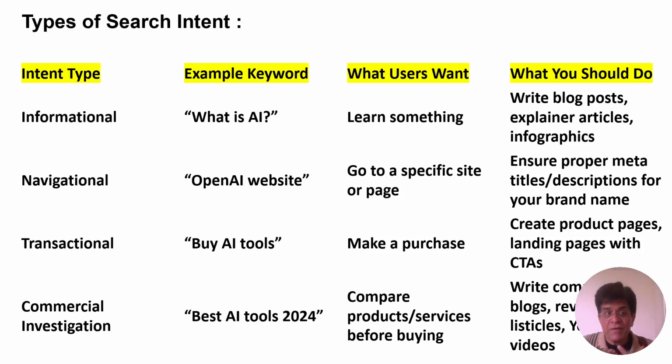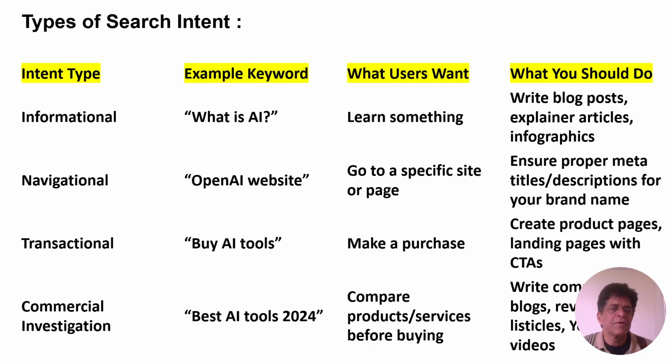Then commercial investigation: what product I have decided to buy, how it is compared with others. Have you given that comparison in your website so that your customer will not go out of your page? So, informational, navigational, transactional, commercial investigation intent is there for all the users.